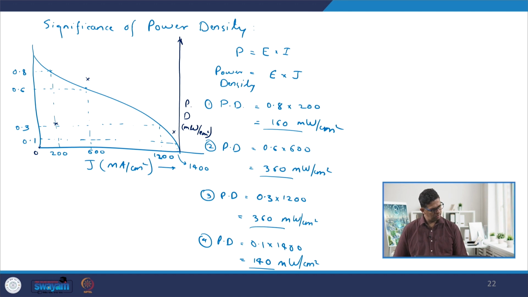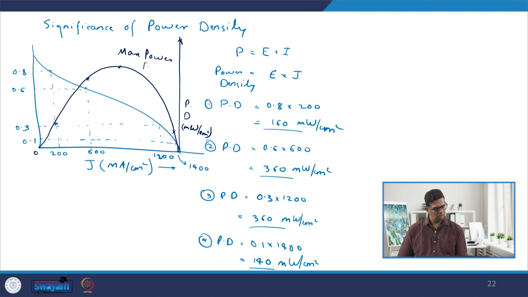The power density curve will go something like this, meaning there is one operating point somewhere here which will have the maximum power density, called P max.